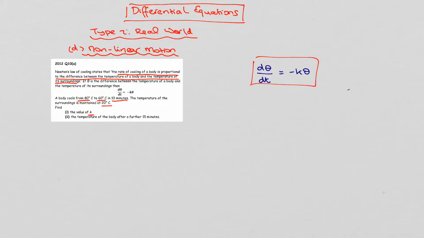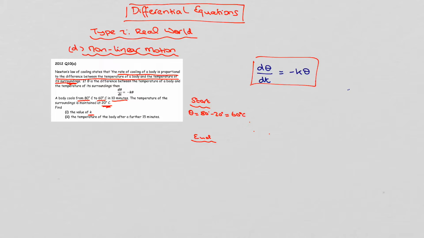And our start limits and our end limits are given to us as theta. Well, at the start it's 80 and it cools to 60. In other words, the change in temperature is going to be 20. Sorry, no, that's not. It's 80 minus the temperature of the surroundings. So the surroundings is 20 degrees. So that's 80 minus the surrounding temperature of 20.